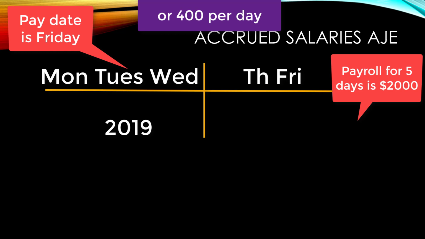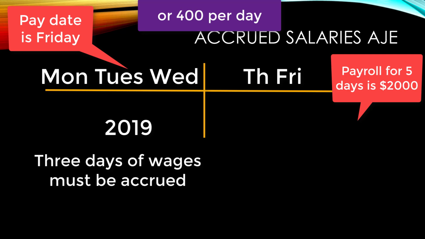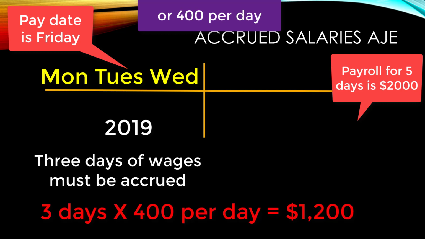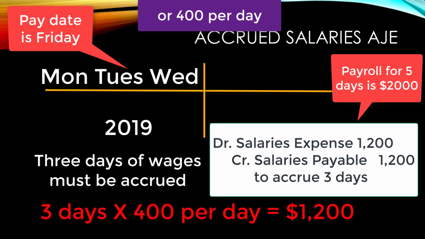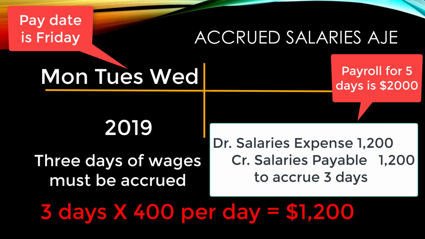Rather than wait until the Friday to record the money that's due, the company must accrue the salaries expense for the 3 days that fell in 2019. Here is the adjustment to accrue the salaries. Salaries expense would be debited for $1,200 and salaries payable would be credited for the same amount.